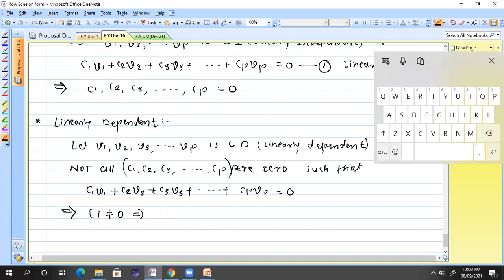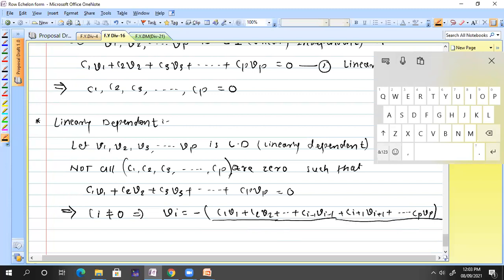Then I can write Vi equal to minus of C1 V1 plus C2 V2 plus dot plus Ci minus 1 Vi minus 1 plus Ci plus 1 Vi plus 1 plus dot Cp Vp, whole divided by Ci, the coefficient of Vi, because Ci is not equal to 0, so we can divide by Ci.